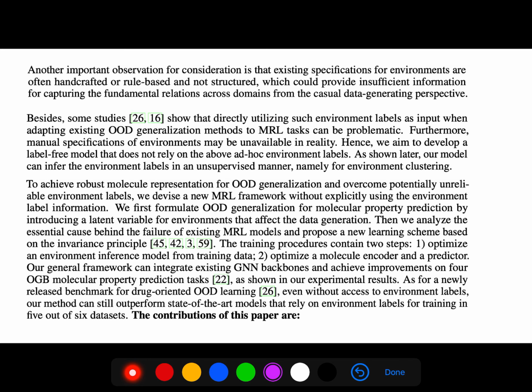So we first formulate the out-of-distribution generalization for molecule property prediction by introducing a latent variable for environment that affect the data generation. Then we analyze the essential cause behind the failure of existing MRL models. So training has two steps. First, we optimize an environment inference model from training data, and second, we optimize a molecule encoder and a predictor.